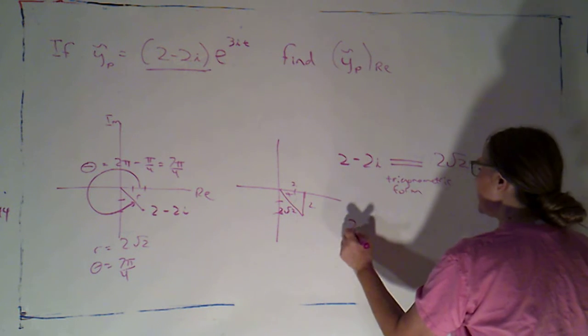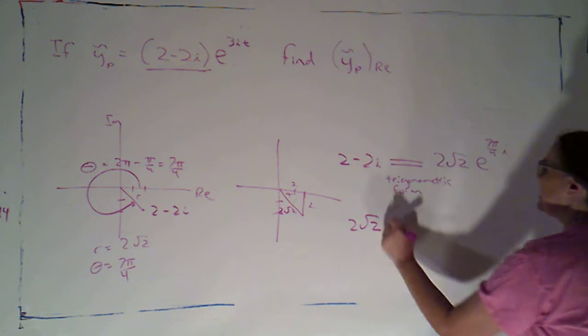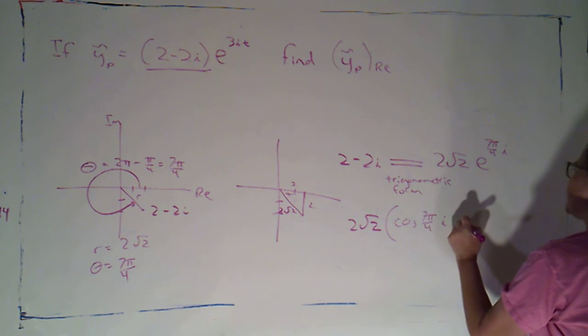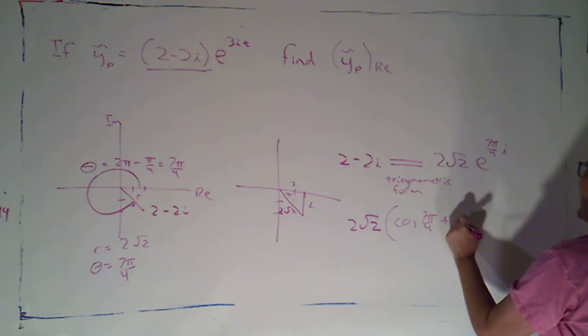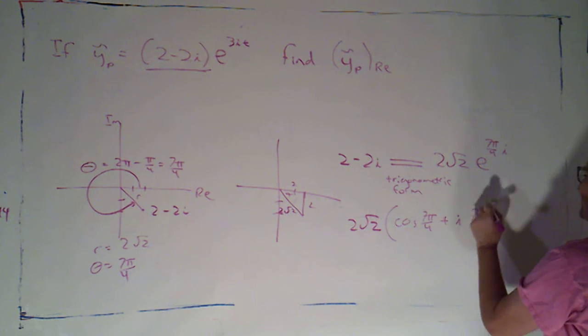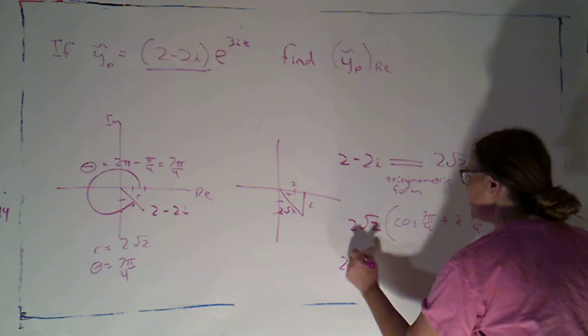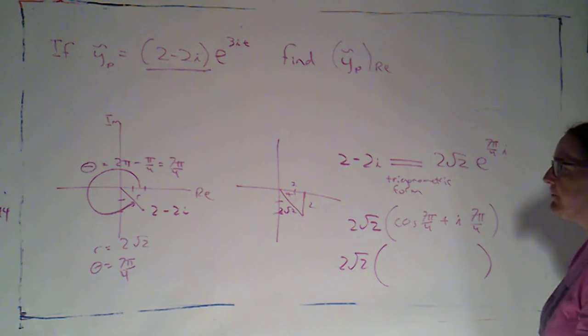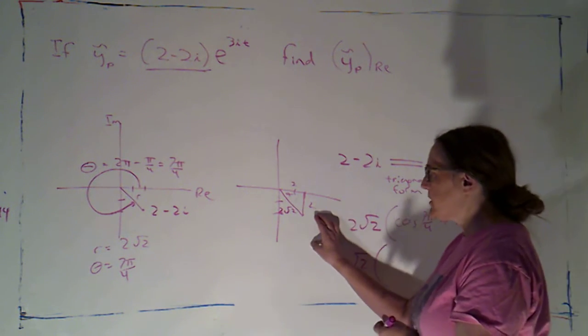Okay, this is going to be 2 root 2 times cosine of 7 pi over 4 plus i times sine of 7 pi over 4. The cosine of 7 pi over 4: well, we're in quadrant 4, so it's positive.